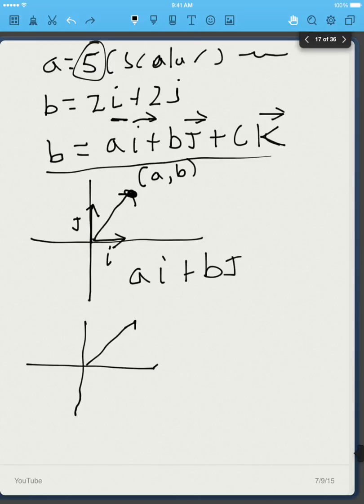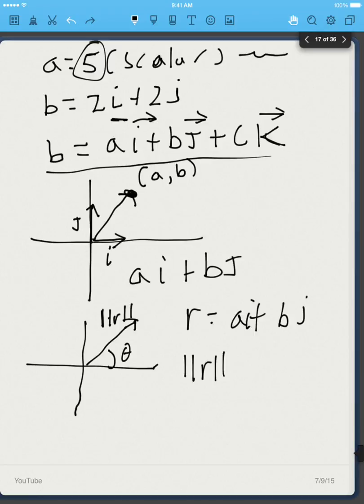If I have some vector here, there's going to be an angle and a magnitude. We denote the magnitude as double brackets around the vector. If we had r equals ai plus bj, then the magnitude of r would be the square root of a squared plus b squared, which is just the Pythagorean theorem.